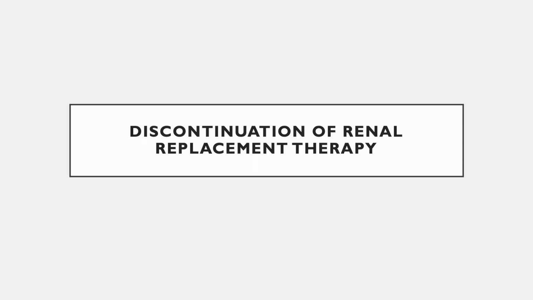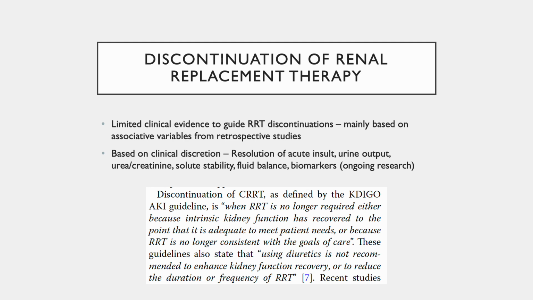So now in terms of discontinuation of renal replacement therapy, we'll be going through the considerations. So compared to initiation, I think studies looking at discontinuation, there's much fewer studies, and largely it is based on clinical discretion, or looking at whether the initial acute insult has resolved, how the urine output is, what's the trajectory of urea creatinine, solute stability, fluid balance, and there's also ongoing research looking at biomarkers.